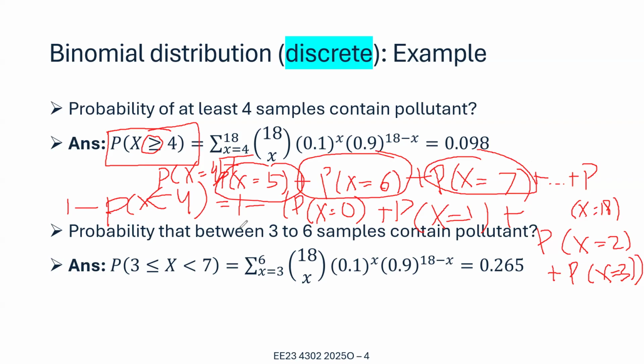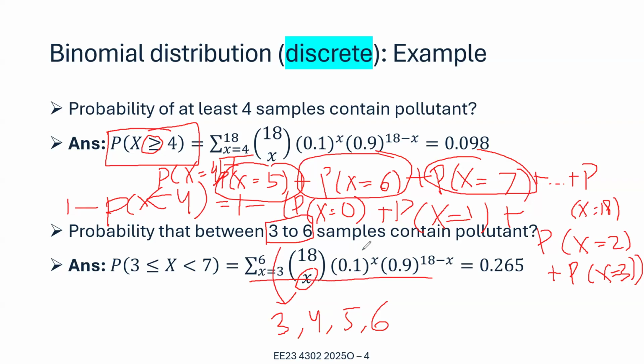And then the probability that X is between 3 to 6, so 3, 4, 5, 6. We just sum each of these with 3, 4, 5, and 6 as the x.